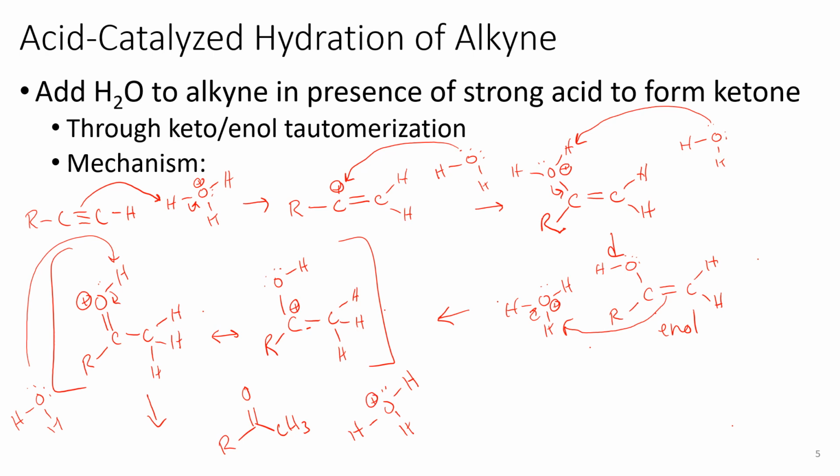So the second half of this mechanism is really that keto-enol tautomerism that we looked at previously, where the first half is this new addition across the pi bond. So because we start off with the alkyne, the triple bond, the initial thing that we produce is the enol, the alcohol attached to the double bond. So from there, it allows us to go through the tautomerization under these acidic conditions to convert that enol into the final stable ketone.